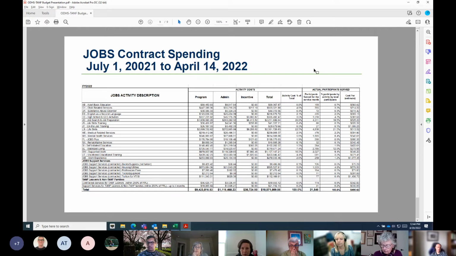That's why it's interesting to make the comparison between TANF and SNAP STEP. We're trying to bring them closer and closer together, but it is very difficult.